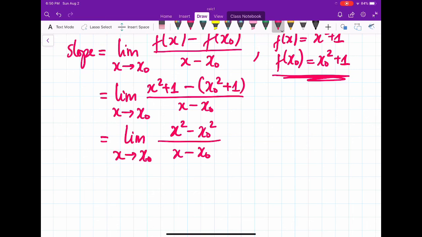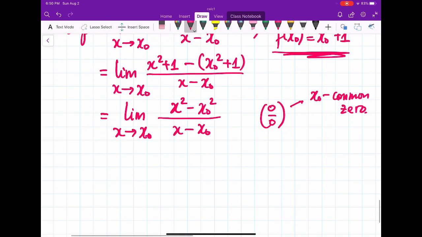And we discussed such limits several times, right? When you plug x equal to x0 into the function, you get 0 over 0. So x0 is a common root of the top and the bottom. Then we can factor the top and the bottom.